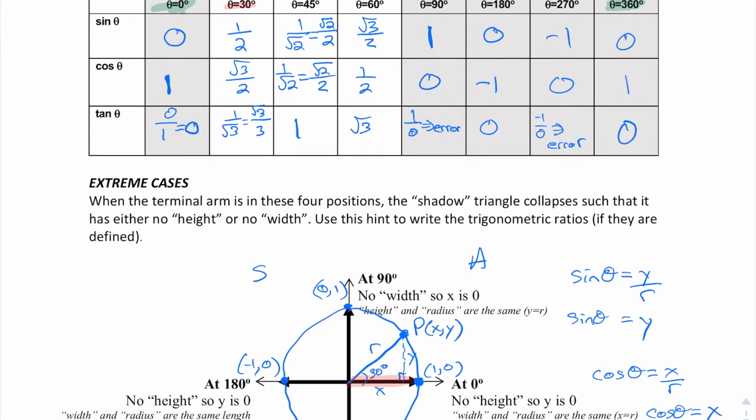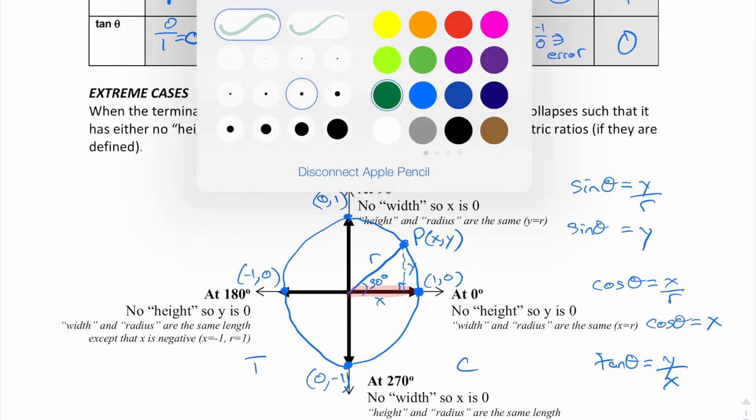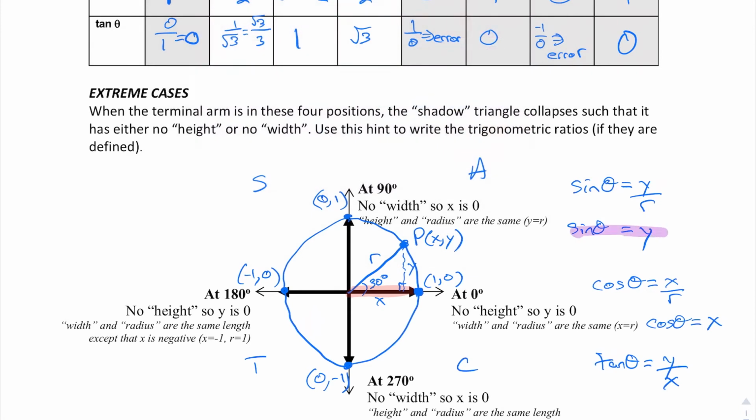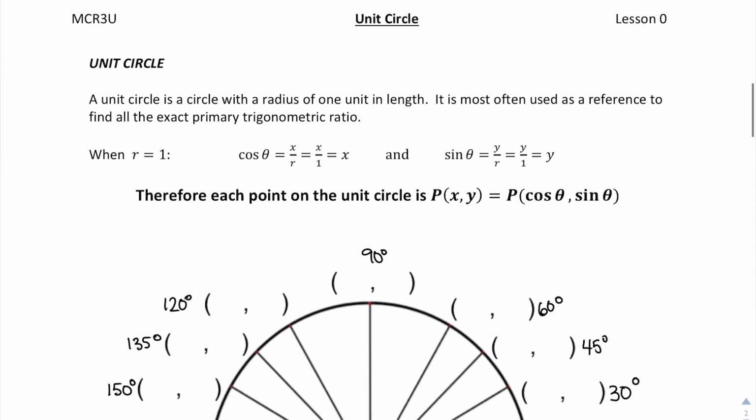So you really just have to remember a couple things here. Let's make this bigger. Sine is this, cos is this, and tan is really y over x. Okay, and that's kind of all summed up here for you.